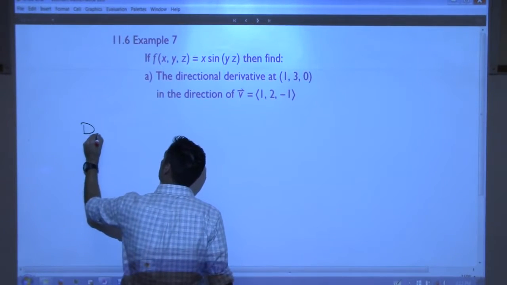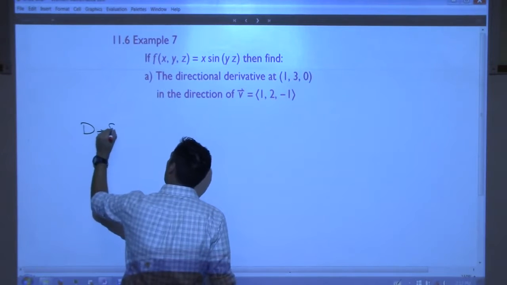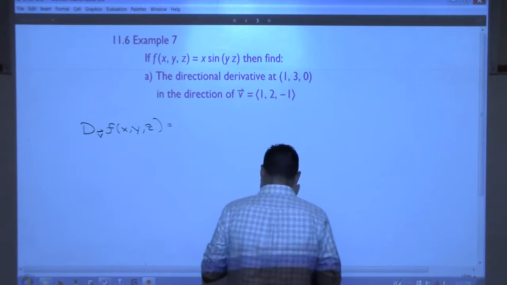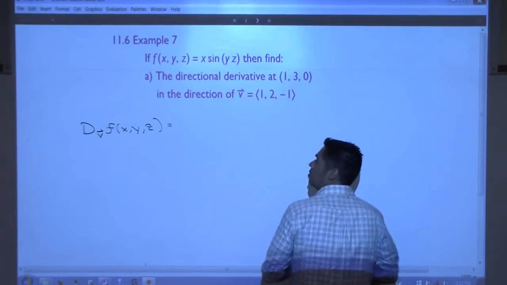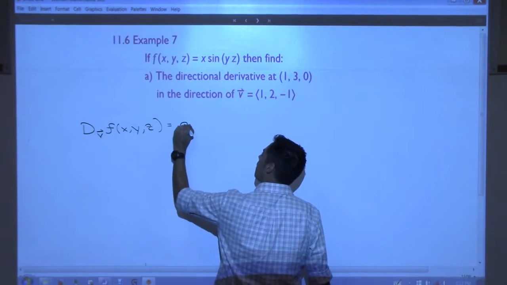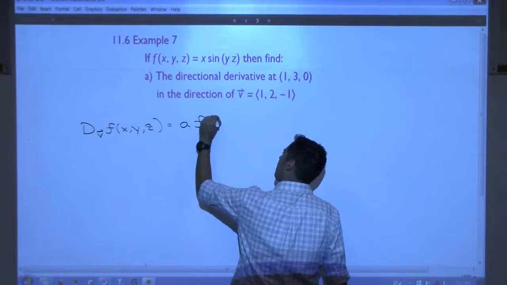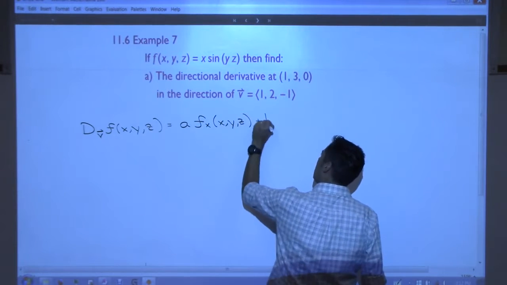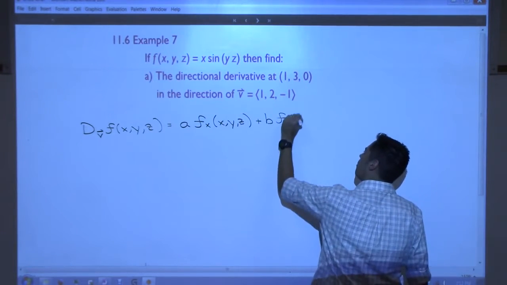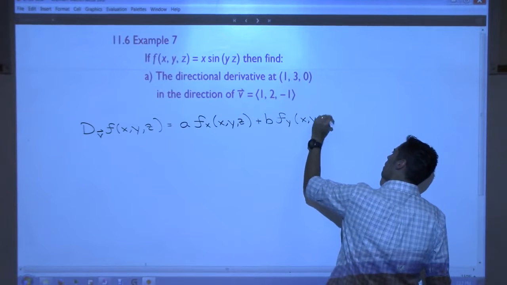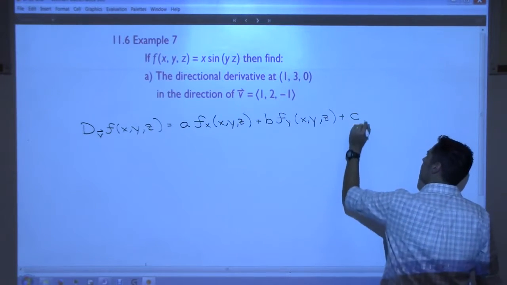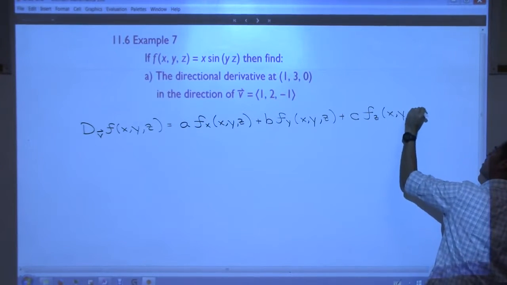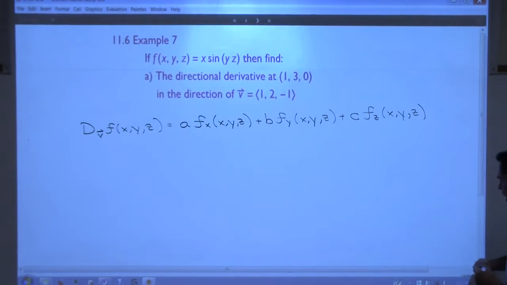The directional derivative in the direction of v of f of x, y, z should be equal to a times the partial of f with respect to x at x, y, z, plus b times partial of f with respect to y at x, y, z, plus c times partial of f with respect to z at x, y, z. That's just the definition of the directional derivative.